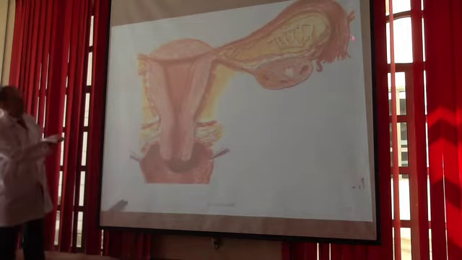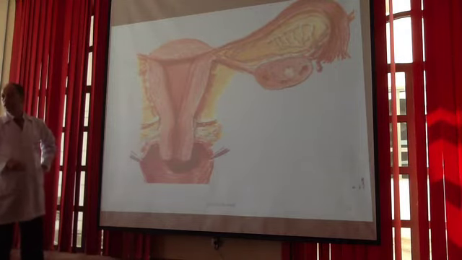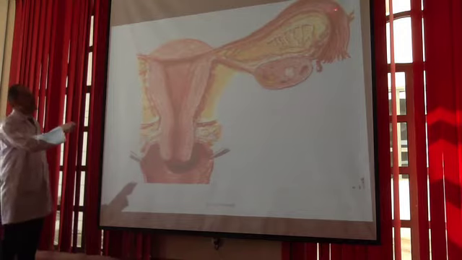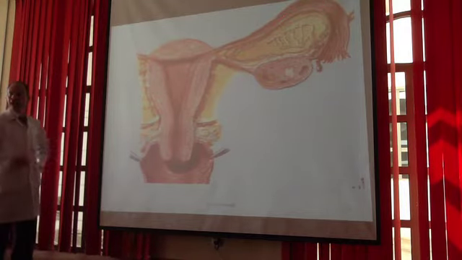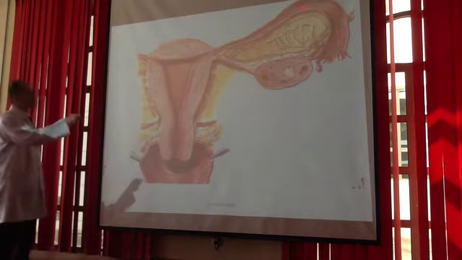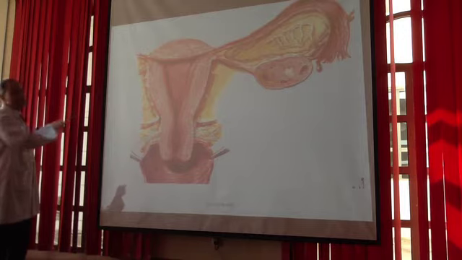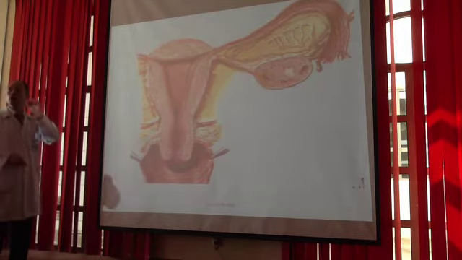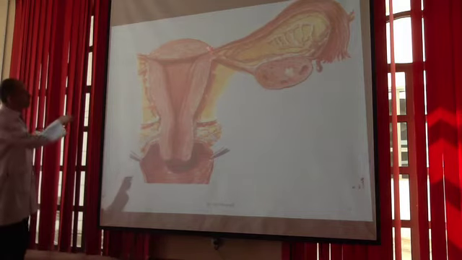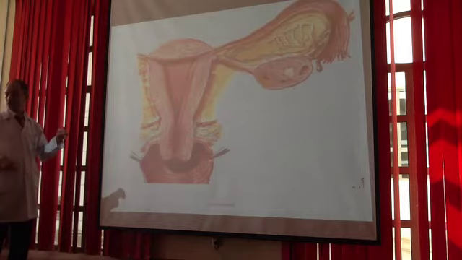It carries multiple finger-like processes named fimbriae. Followed by the widest and longest part, the ampulla of the fallopian tube. Followed by the narrow part, named the isthmus. Lastly, a small part running within the wall of the uterus, the intramural part.